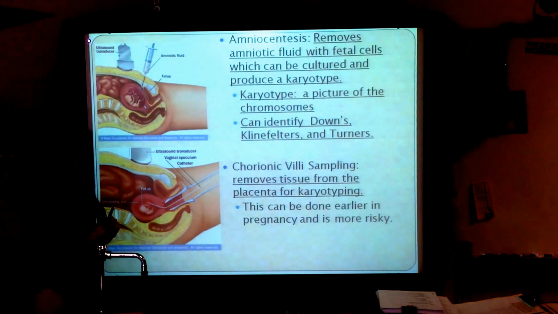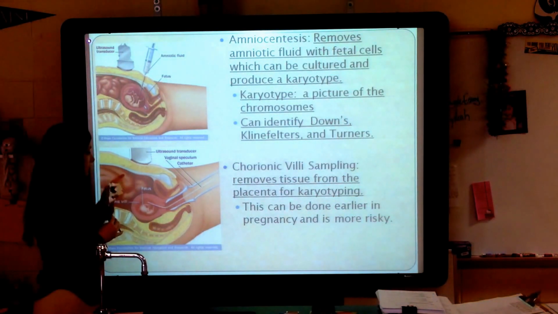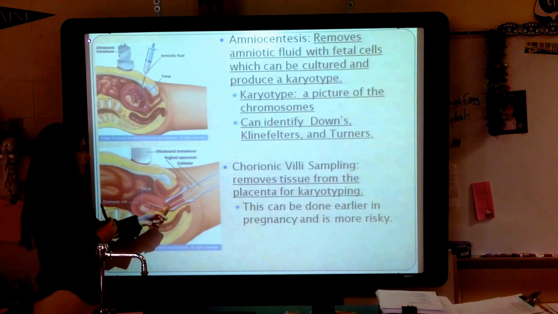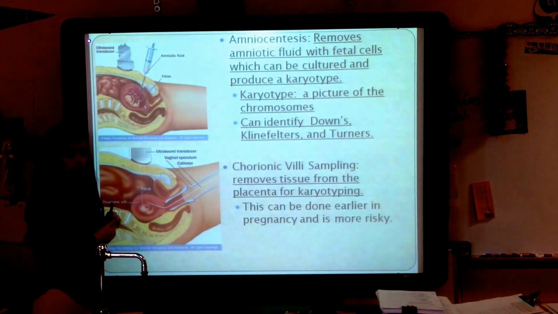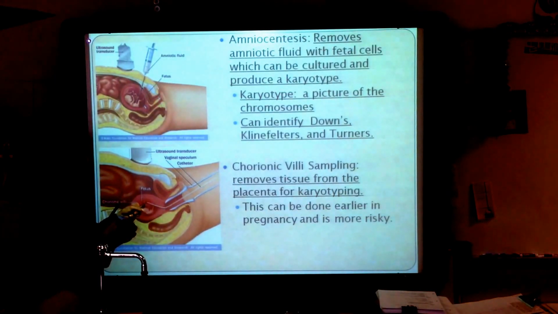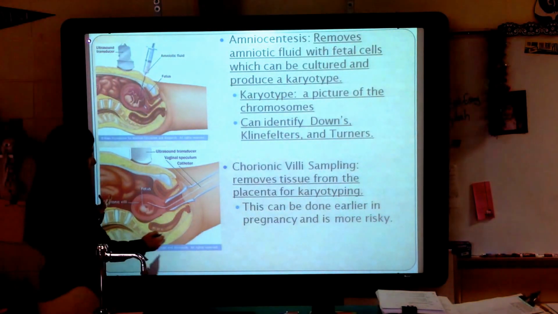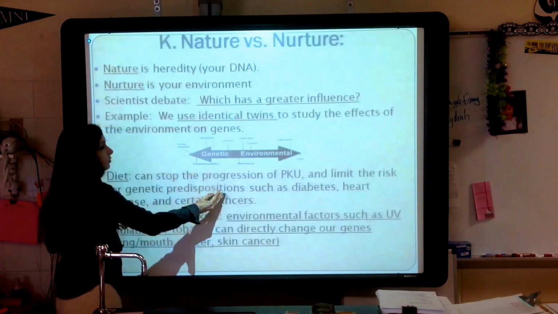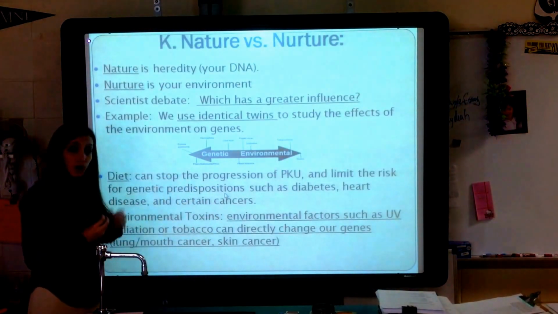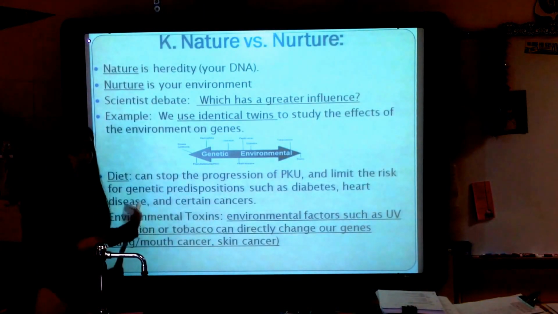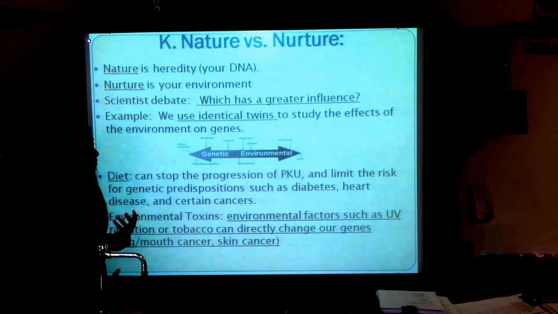But this is much riskier because you're actually inserting the needle up in through the woman's vagina, and you don't have as much control over where the baby is. So these are the ways that we can identify if you have a chromosomal disorder. Remember that chromosomes are your DNA, so are genes, so you can inherit those.